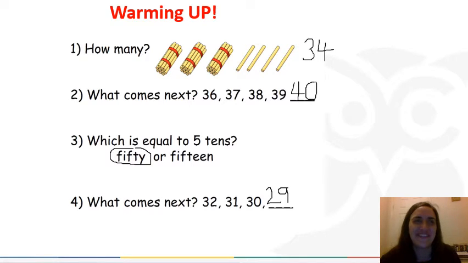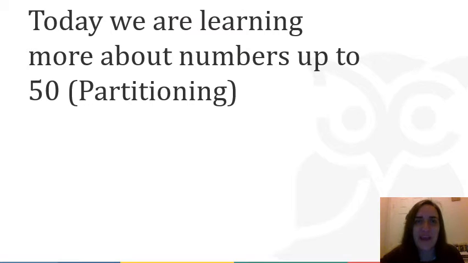Well done. Excellent, we're beautifully warmed up now, and today we're going to be learning all about numbers up to 50 and partitioning them. Say partition. We're going to be partitioning. Partitioning means making them into different parts.